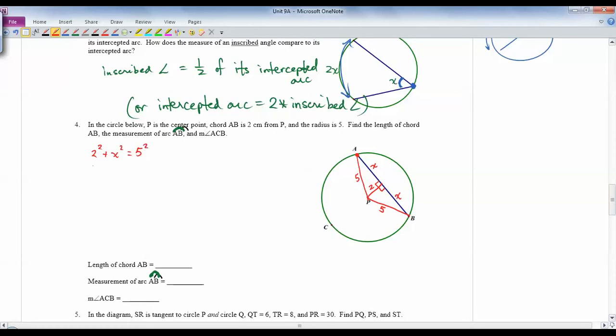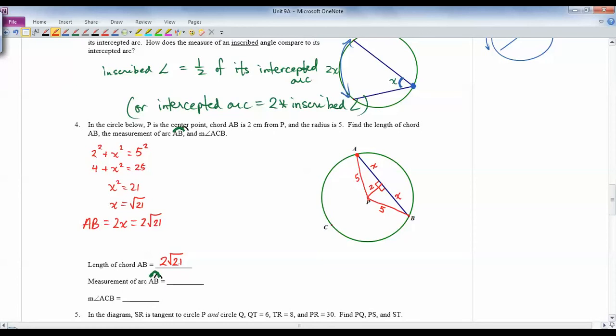So that's 4 plus x squared equals 25. So x squared is 21, and then you take the square root. And that's 3 times 7, so that doesn't reduce. And I've got 2 of them. So AB is really 2x. So it's 2 times root 21.